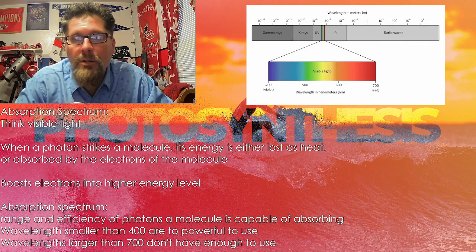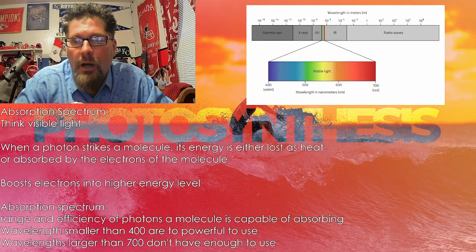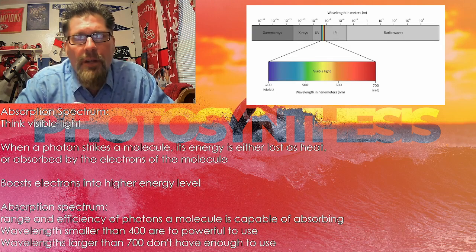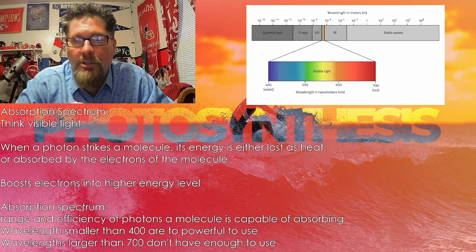But anything with a wavelength smaller than 400 is just too powerful to use. And if it's over 700, which is the range of the reds, then there's just not enough energy in them to get the job done, to get those electrons energized enough to leap out of their photosystem.